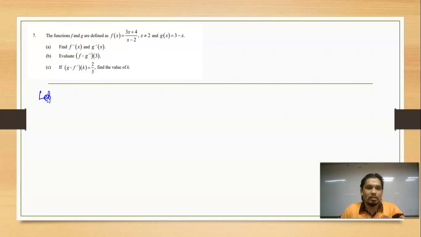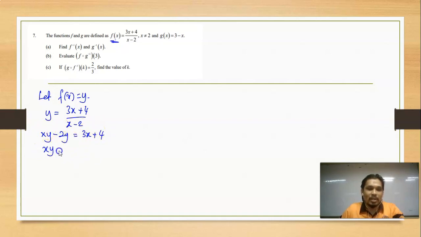So then, let f(x) equal to y. y equal to 3x plus 4 divided by x minus 2. Cross multiply: xy minus 2y equal to 3x plus 4. Bring this 3x to the left side and this 2y to the other side. So xy minus 3x equal to negative 2y, bring to the side, become positive, so 2y plus 4.